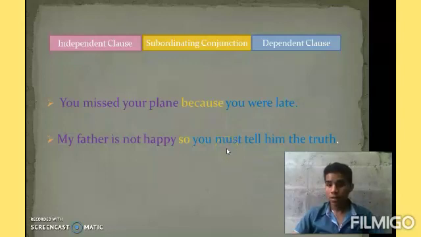Therefore, it cannot stand alone. In these cases, we can invert the sentence. For example, in sentence number 1, we can begin with the dependent clause: because you were late, you missed your plane, and it doesn't influence the meaning.